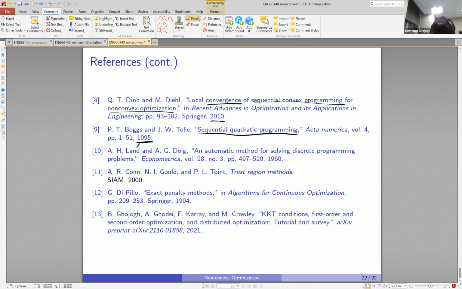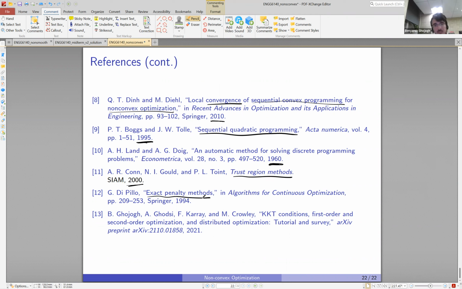Also, this is an automatic method for solving discrete programming problems, 1960. What was this for? Yeah, this was the branch and bound, the paper which proposed the branch and bound method. That's an interesting thing by Land and Doig. Also, this is a paper in Xi'an about trust region methods. So you can see it as a kind of survey. This is exact penalty methods.